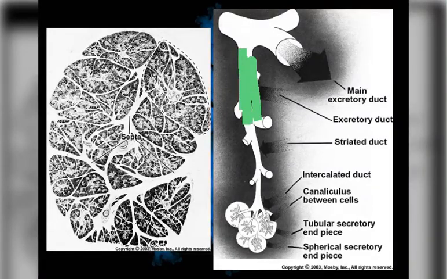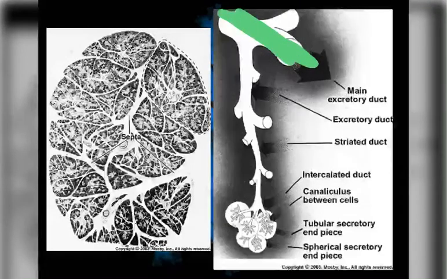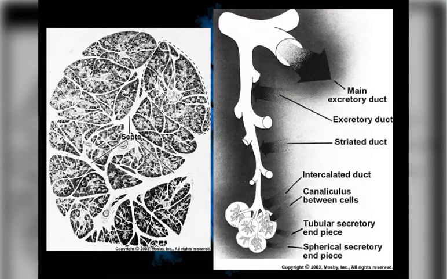You can call it collecting or excretory. Both terms are fine. And we have minor and major collecting ducts. And here the major collecting ducts pour into this duct, which is the main excretory duct.